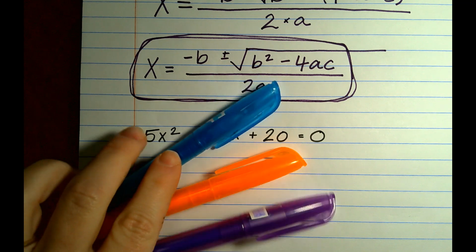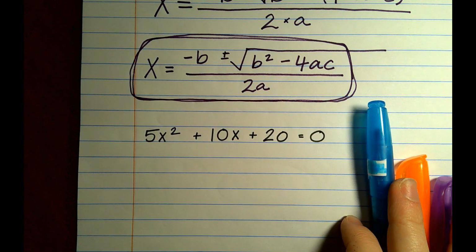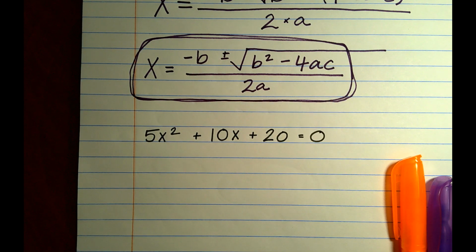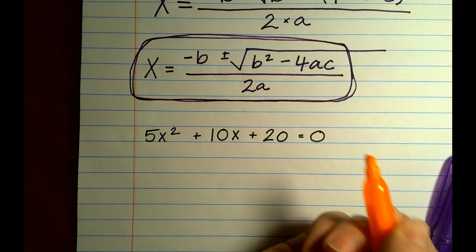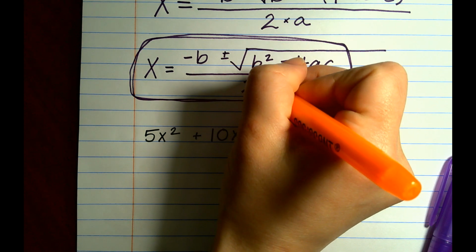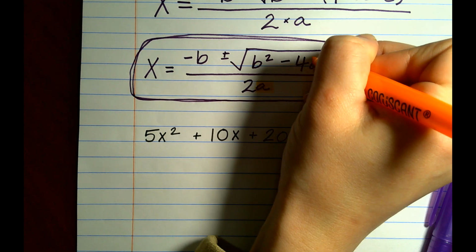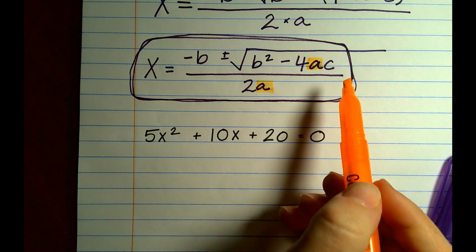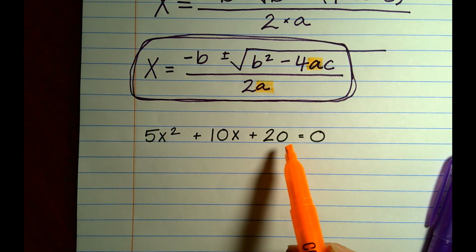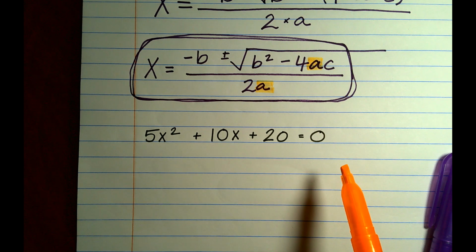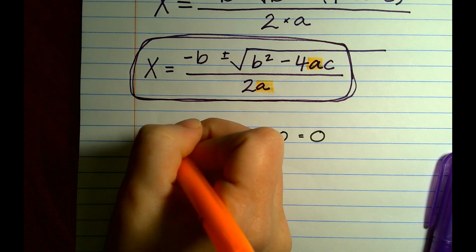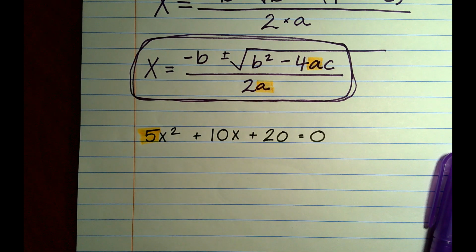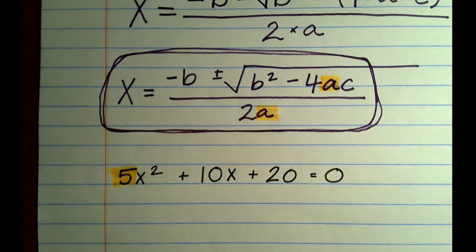So I'm going to use some highlighters just to help me keep track of my numbers. Let's make A orange. And what's my A in this equation? 5. So I'm going to highlight 5 with orange as well. Okay.